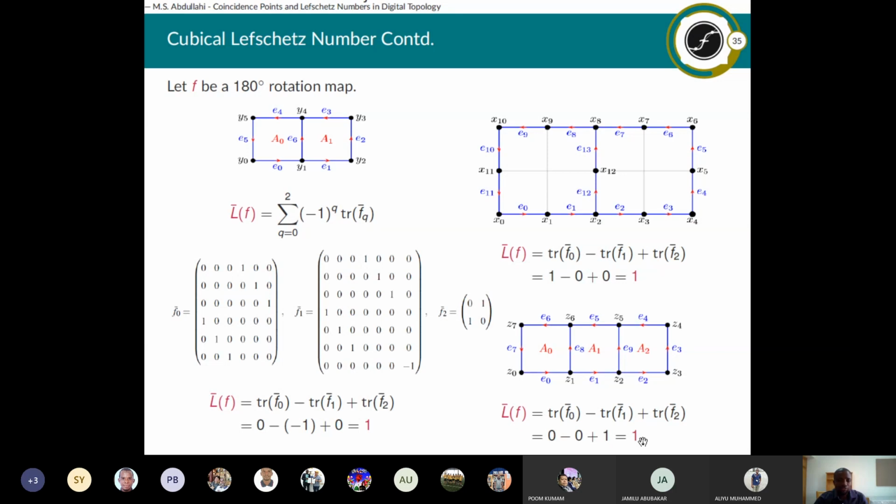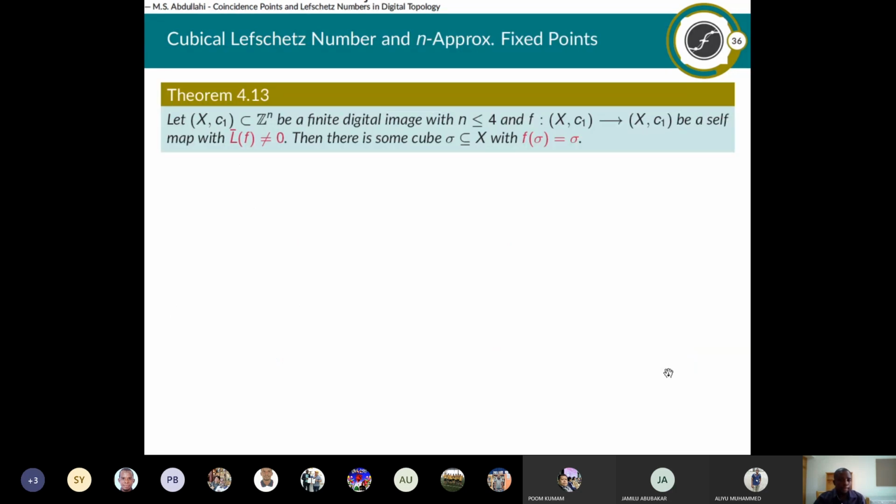And where we got this is when we do the 180-degree rotation, this cube will remain where it is in the same direction, and that will contribute 1 to the Lefschetz number, and we end up having the Lefschetz number of that function on this image equal to 1.